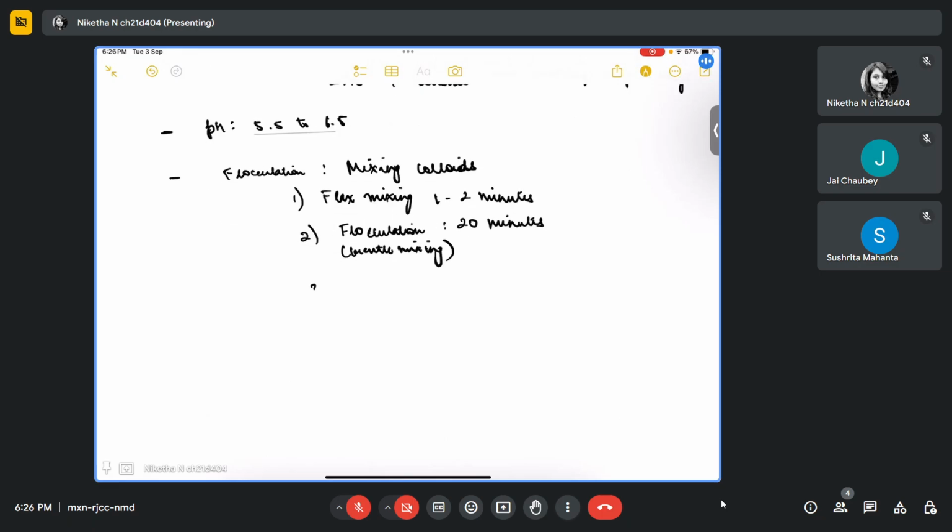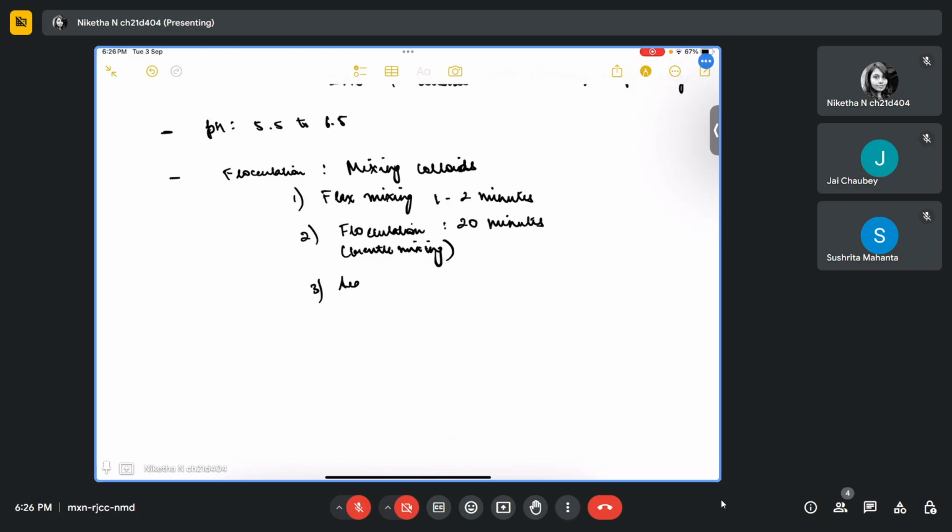And after this, the water will be allowed to clarify. Clarify meaning that all the solids will settle down, and whatever clear liquid is there on top will be transferred to another tank.